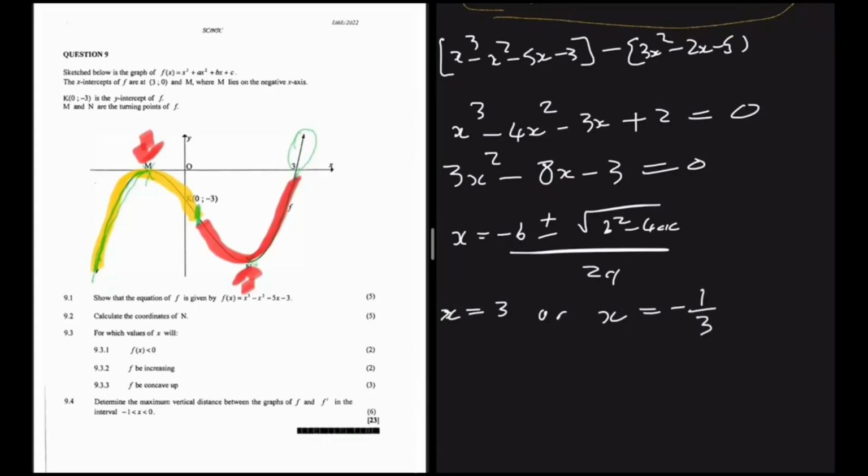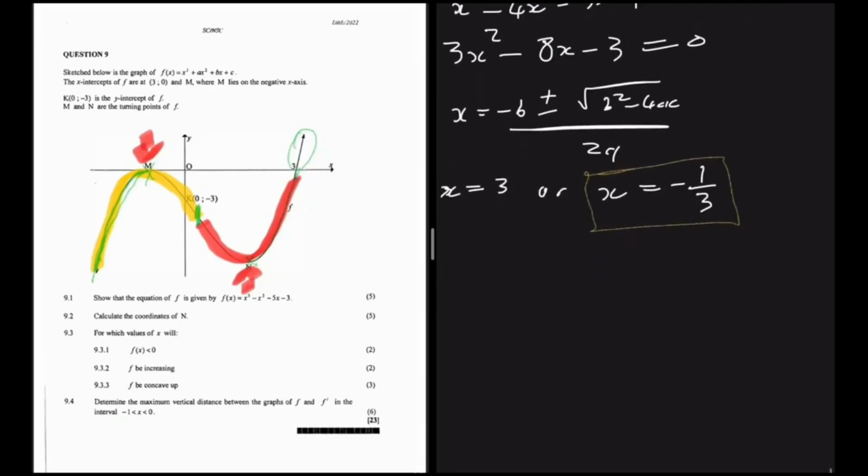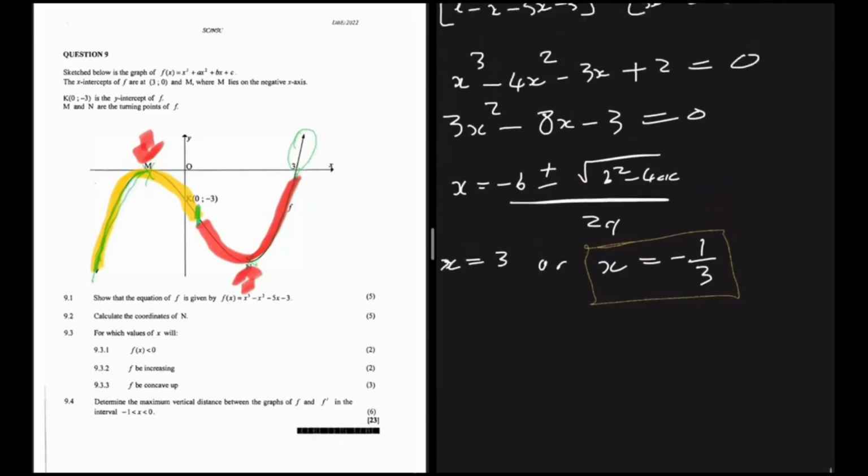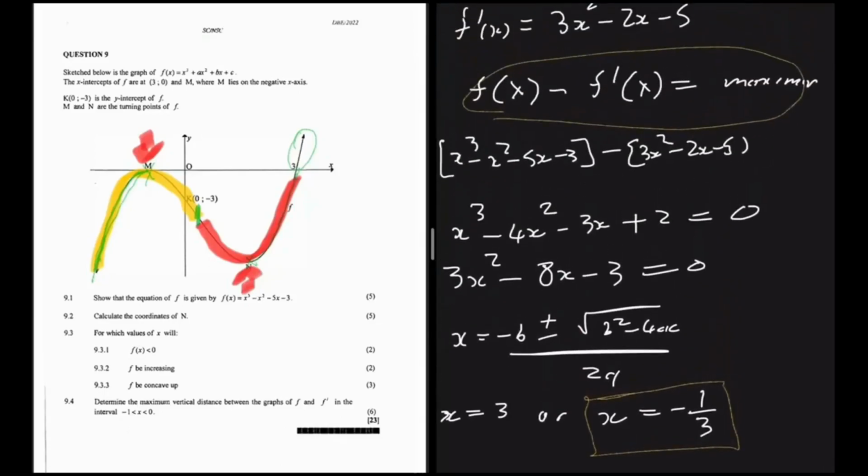So our condition is that x must be between minus 1 and 0, right? And then clearly this is our option. So what we can do now is take this x and substitute it back into this expression here.